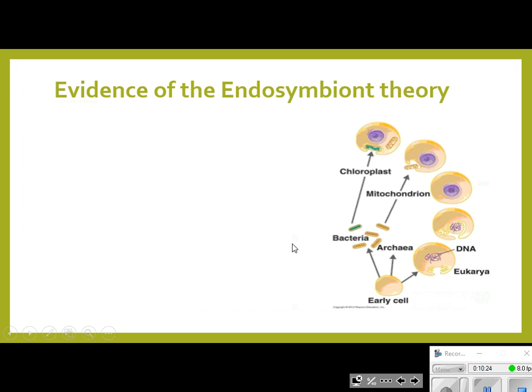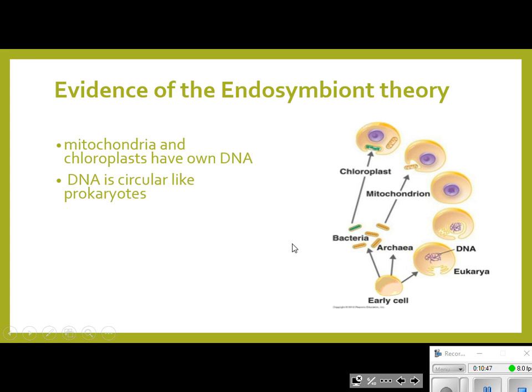Now, what is some evidence that this has occurred? And these should be your bullets that you're coming in here. Okay, what is some evidence? Well, number one, mitochondria and chloroplasts have their own DNA. That DNA is circular, like what we were talking about, the DNA of prokaryotes.